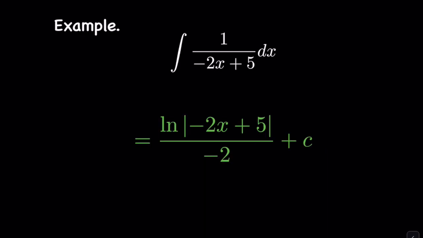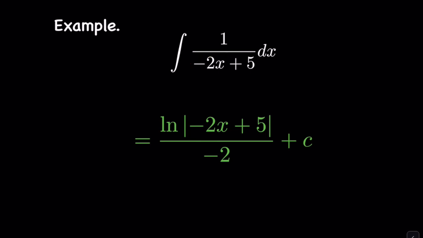Here, I want to integrate 1 divided by minus 2x plus 5. And notice that minus 2x plus 5 is also a linear term, a linear function. So I can integrate this function the same way that I would integrate 1 over u.